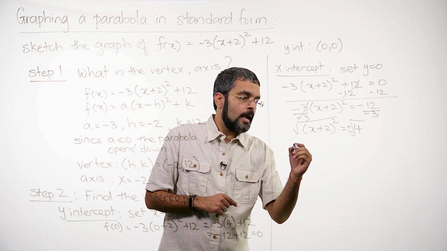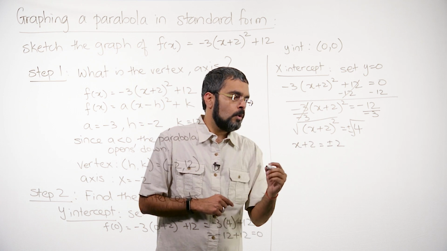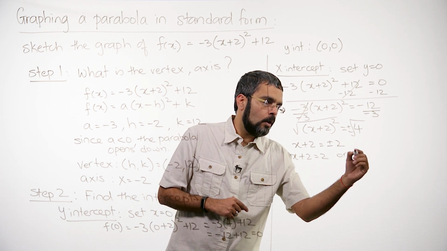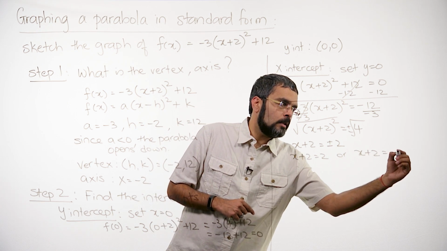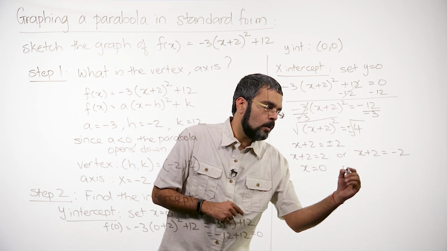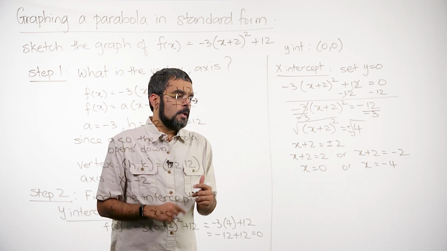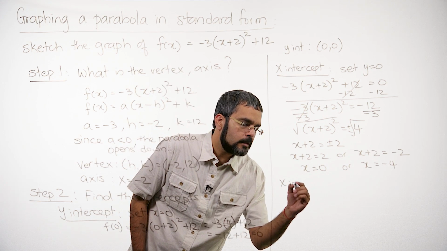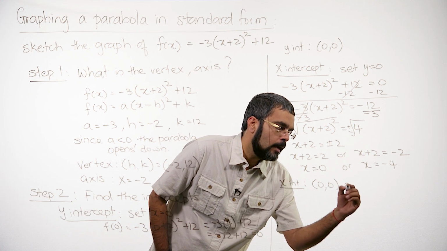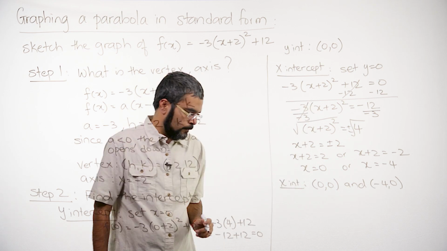And so then I get x plus 2 equals plus or minus 2, which means x plus 2 equals 2, or x plus 2 equals negative 2. If I subtract the 2, I get x equals 0, or x equals negative 4. So in this case, my x-intercepts are (0, 0) and (negative 4, 0).